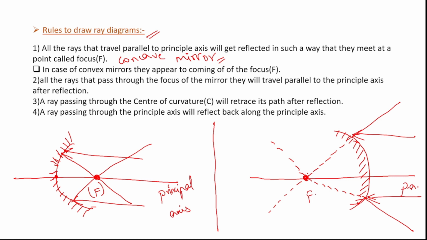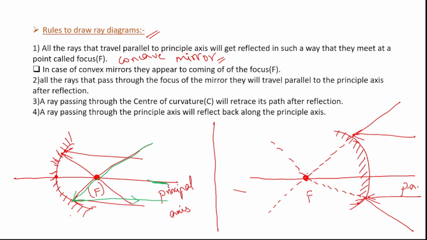But what is the difference here? The difference is, in concave mirror, reflected rays are converging, that is, they are seen like they are coming into the focus. In this case, they are seen like they are going out of the focus. Okay, next point. All the rays that pass through the focus of the mirror will travel parallel to the principal axis after reflection. So what he is saying, whenever a ray passing through the focus hits the mirror, it will get reflected parallel to the principal axis.